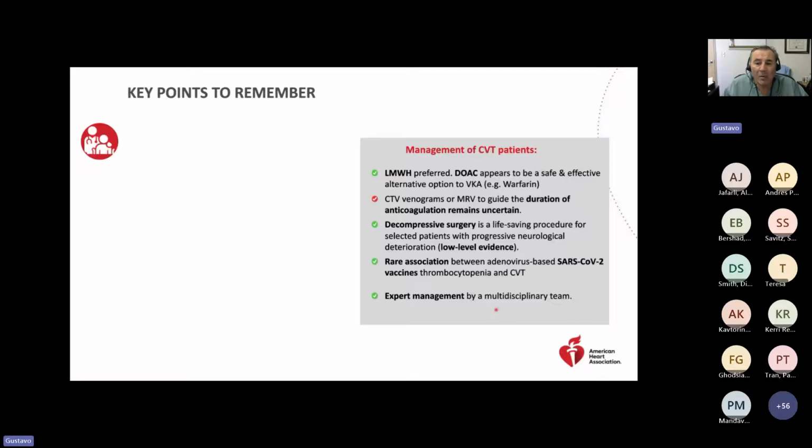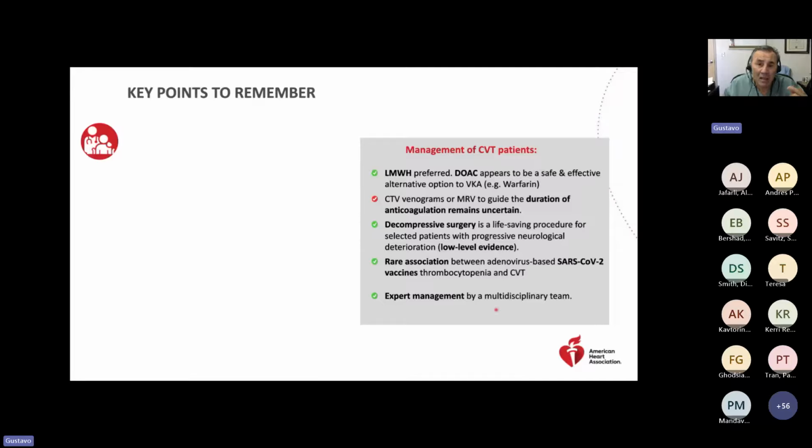It's unclear whether CT venogram and MRV could help guide the duration of anticoagulation therapy. Decompressive surgery is considered for patients with progressive neurological deterioration despite anticoagulation therapy, though there is low evidence for that. Endovascular thrombectomy or intrasinus thrombectomy is also reserved for progressive neurological deterioration in patients who are in coma.